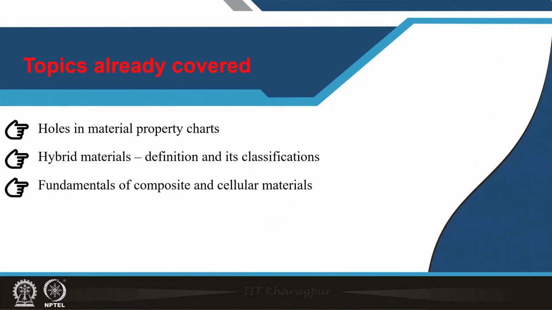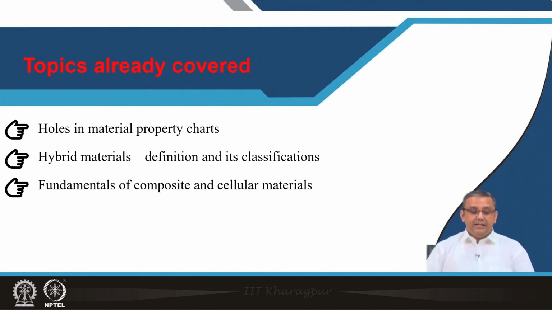In the previous lecture, we discussed the following topics. We first discussed the use and the definition of the hybrid materials. There we saw that if we fill up the material property charts with only the classical bulk materials like metals, ceramics, polymers, glasses, etc., then there are many void spaces which cannot be filled up by those bulk materials.